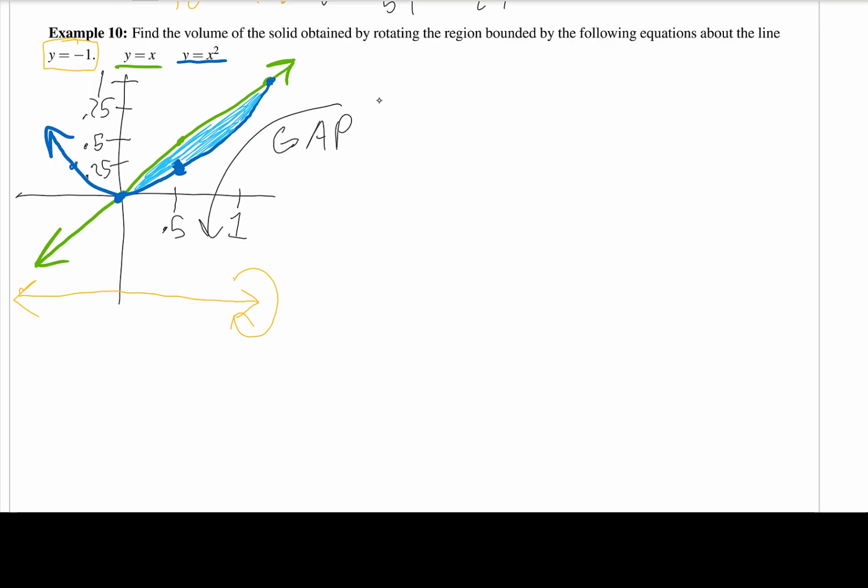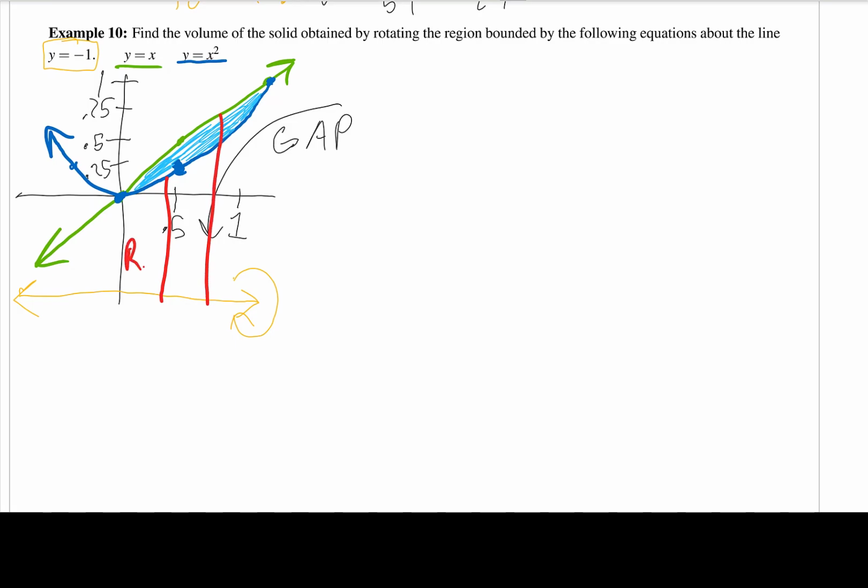So what we need to do is use our washer method. Remember, we should always be taking our slices, or in this case, our radius, perpendicular from our axis of rotation. So here will be an example of our R in. Here's an example of our R out.